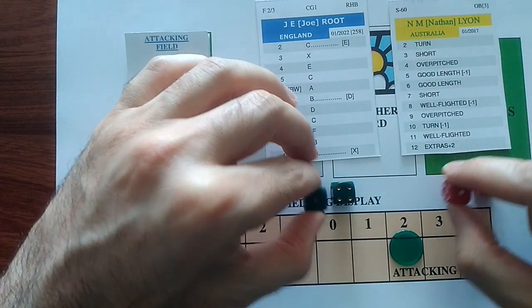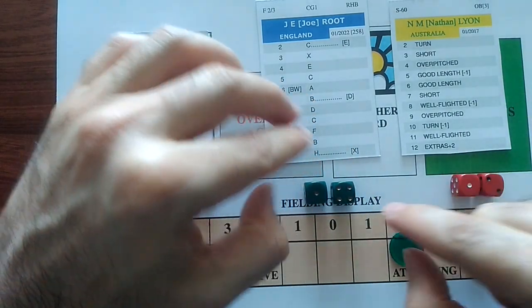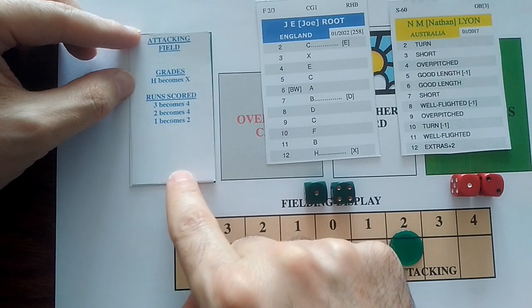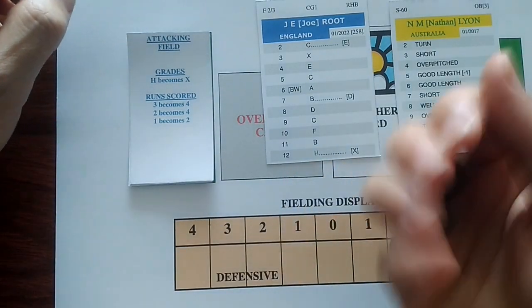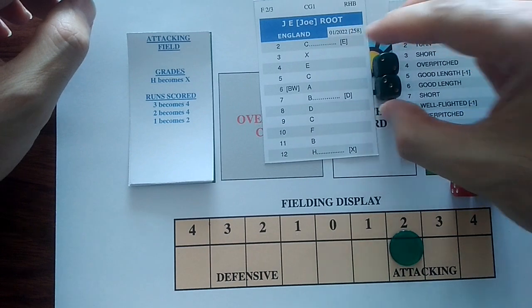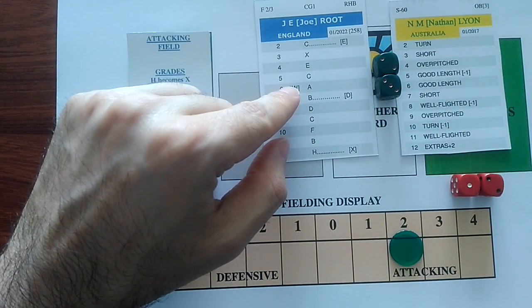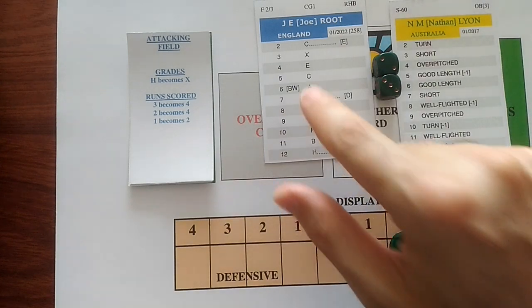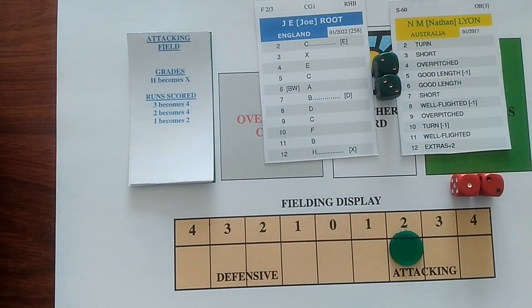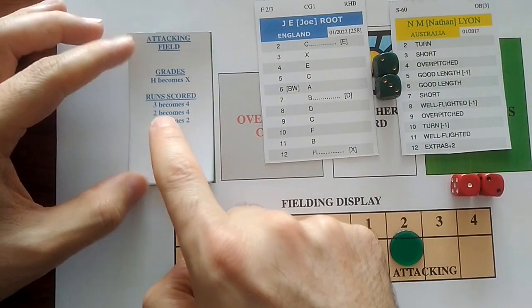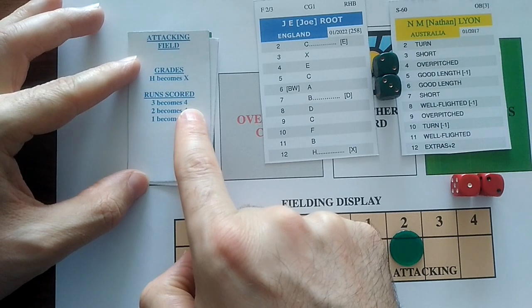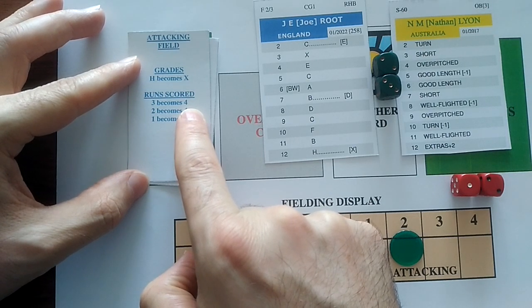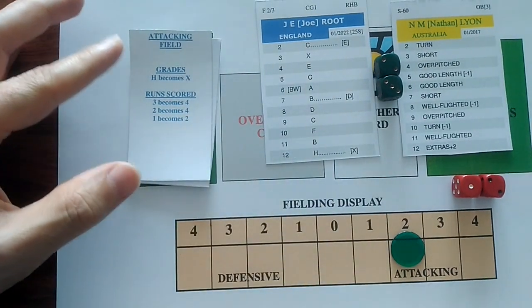So we need to take the field placement into consideration here. So again, we re-roll these dice. That's a 5, and we've got a C. Now a short ball C, it might be 3 runs possibly. So if it was 3 runs, generally for Joe Root, usually a fielder will be around to stop that boundary. But because everyone is in, that 3 runs goes all the way to the boundary for a 4. So they weren't able to get there in time. So there's more runs taken care of.